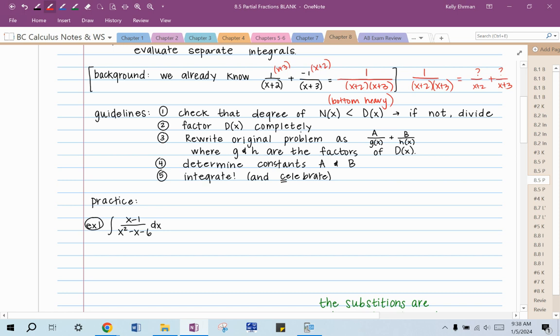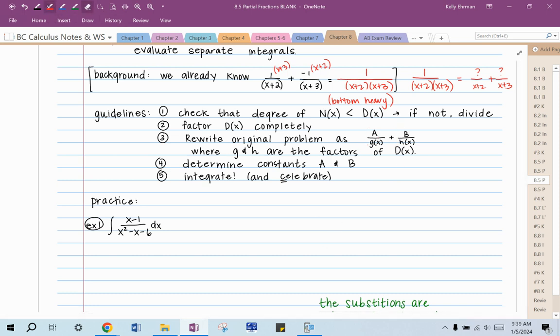Factor the denominator completely so you know what your denominators are going to be. Rewrite the original problem as, because our unknowns are here, A over one denominator plus B over the other denominator. And the denominators, again, are the factors that you just found. Then I'll show you how to solve for the constants. Once you solve for the constants, you'll be able to integrate each of those.